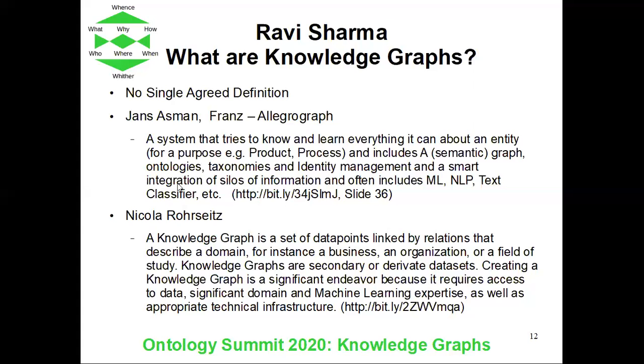He calls them secondary or derivative data sets. Creating the first knowledge graph is significant, but thereafter you can repeat the process to create a set of knowledge graphs. And it does require domain and machine learning expertise as well as technical infrastructure. So we can see 1 and 2 definitions have a lot in common, but they are not exactly the same. Next slide.